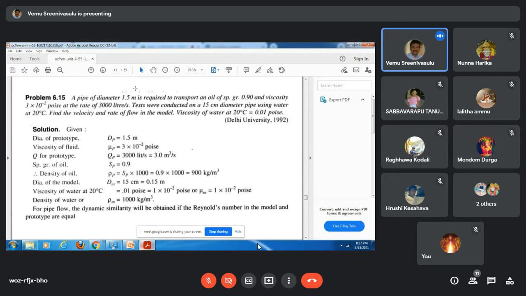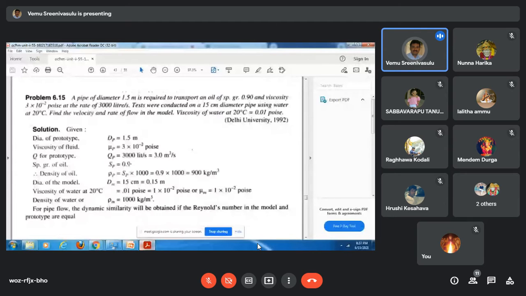We know dp, the diameter of the prototype, is 1.5 meter. Viscosity of the prototype fluid is 3 into 10 to the power of minus 2 poise. Discharge of the prototype Q is 3000 liters per second, that is 3 meter cube per second. Specific gravity of the oil in the prototype is 0.9.